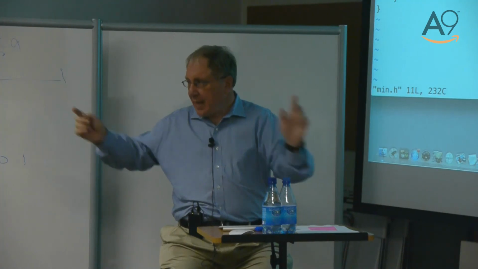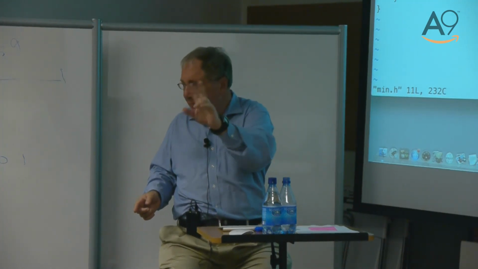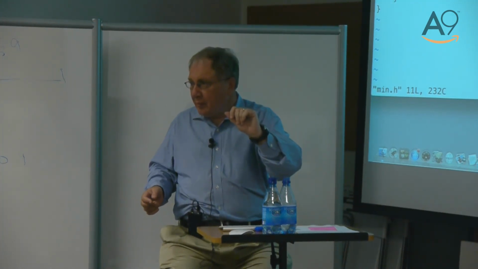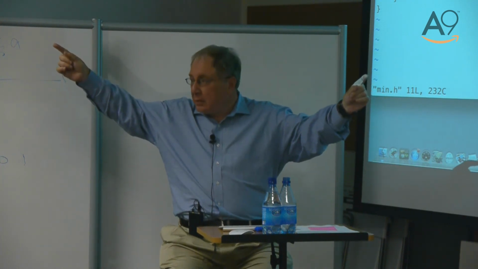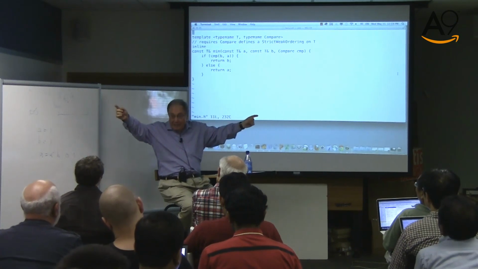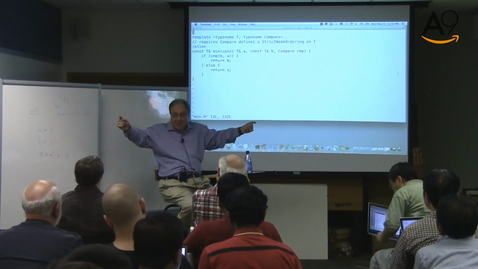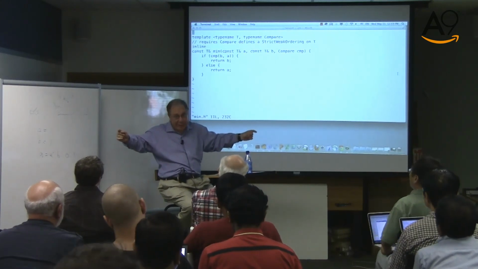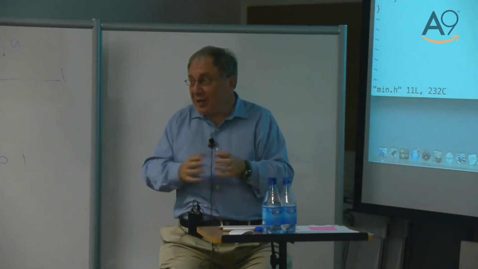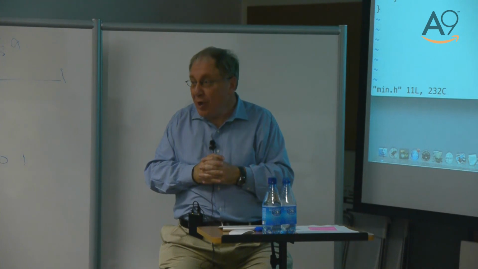Now, we figured out if you have 2 elements, how to find min. We'll have to write an algorithm for finding min if you have a bunch, a range of elements. And then max. And then min and max together. Could we do it better? And then we're going to look at a wonderful problem of selection of two elements.